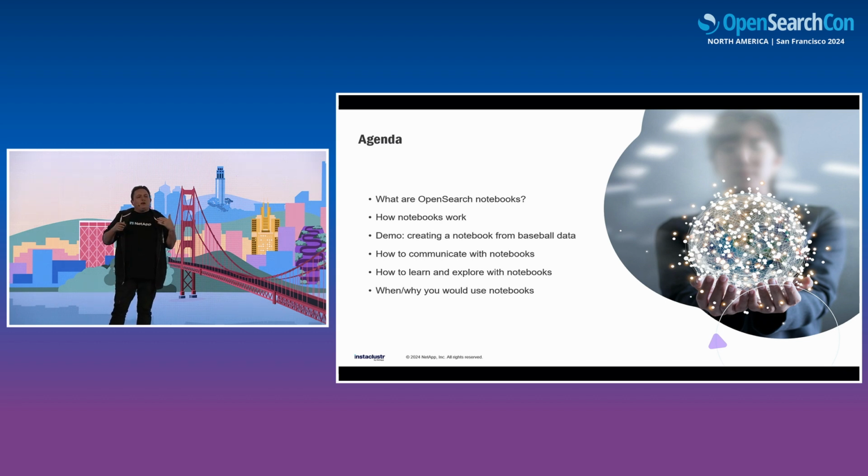And then we'll talk about how to communicate, learn, and explore with notebooks, how to create new visualizations, create new fields, learn how to create your indexes, things like that through notebooks. And then we'll talk a little bit about when and why you would use notebooks. And finally, I'll talk about what I really like about notebooks and what I might change about notebooks.